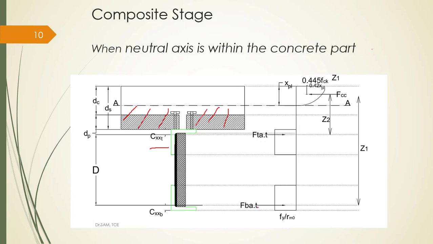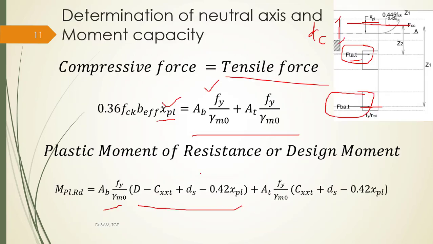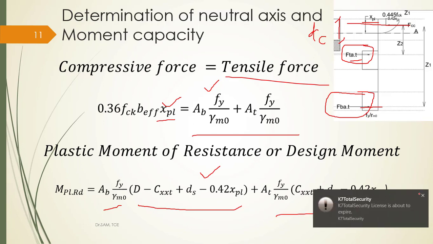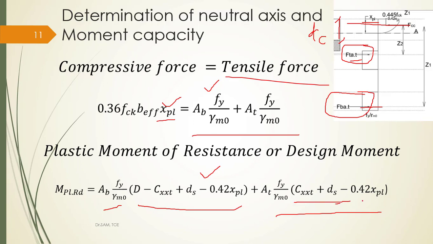Now you get the distance from this point to the top. Then you subtract 0.4 x_pl. You will get the lever arm. So that I have calculated for the bottom angle. Similarly, for the top angle, again you know that here this is the lever arm. So here D will not come.